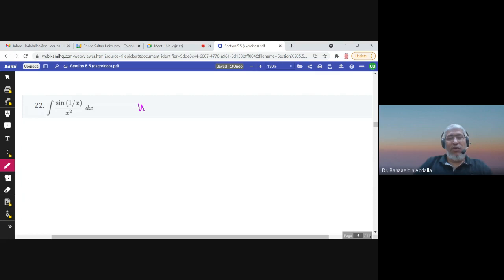Here u is 1 over x inside sine, because du is negative 1 over x square dx, and it is already there, but I need a negative sign. So it would be negative. Now sine 1 over x is just sine u, and negative 1 over x squared dx is du.